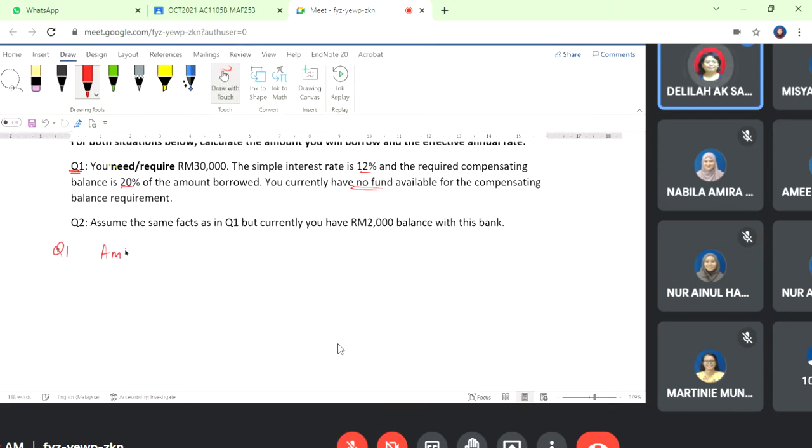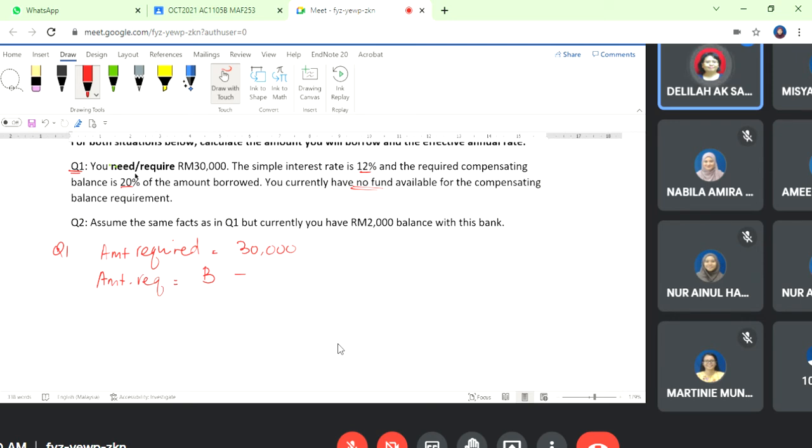The amount that you require is 30,000. So this required amount will be equal to the amount borrowed, which is B, minus the compensating balance, because we have a compensating balance requirement.